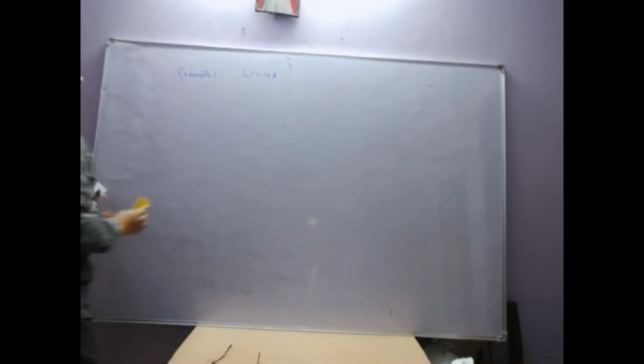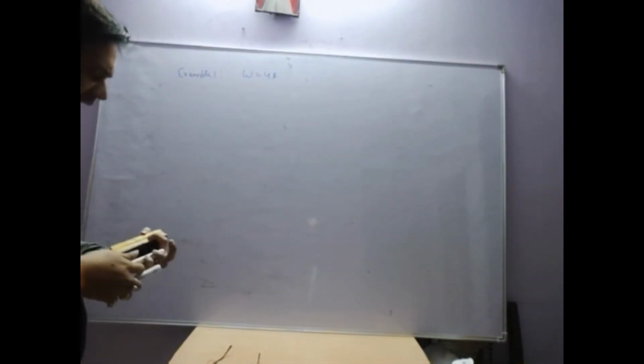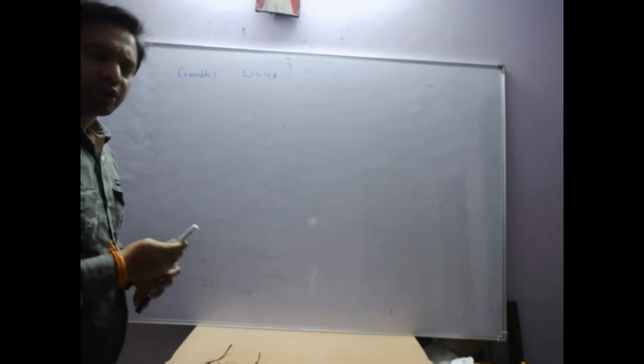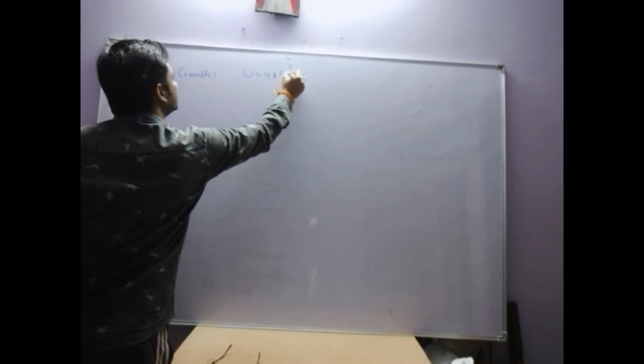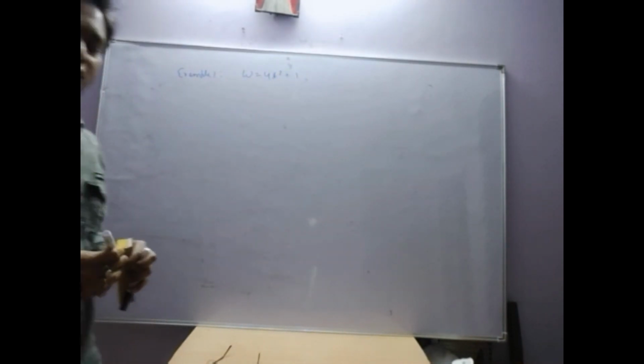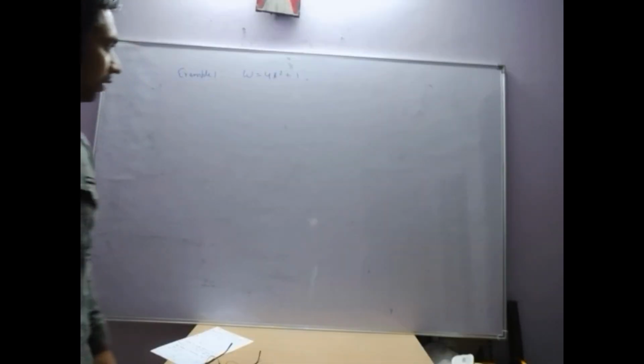Similarly, consider another question in which the body is rotating with variable angular velocity of 4t square plus 1.